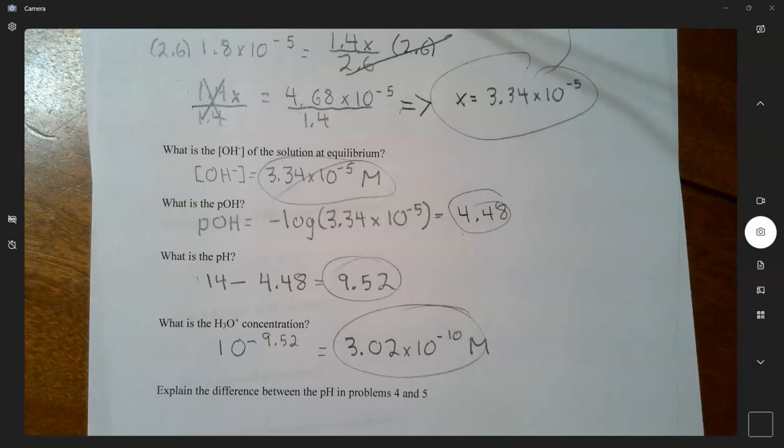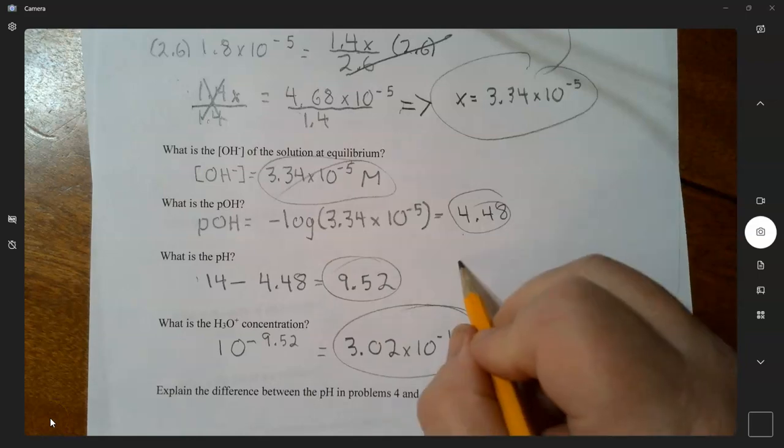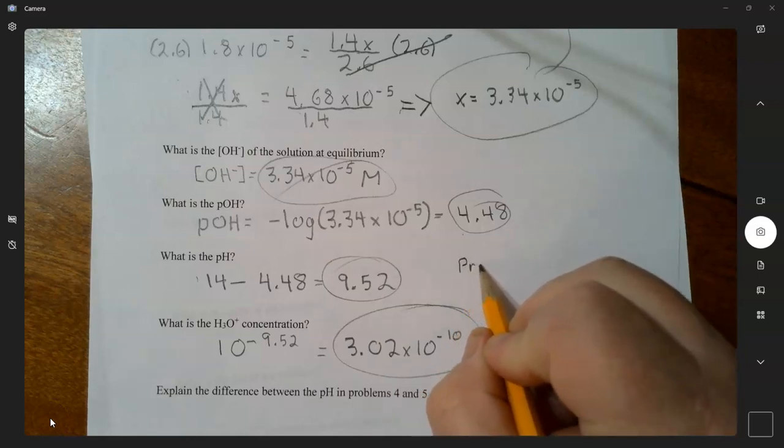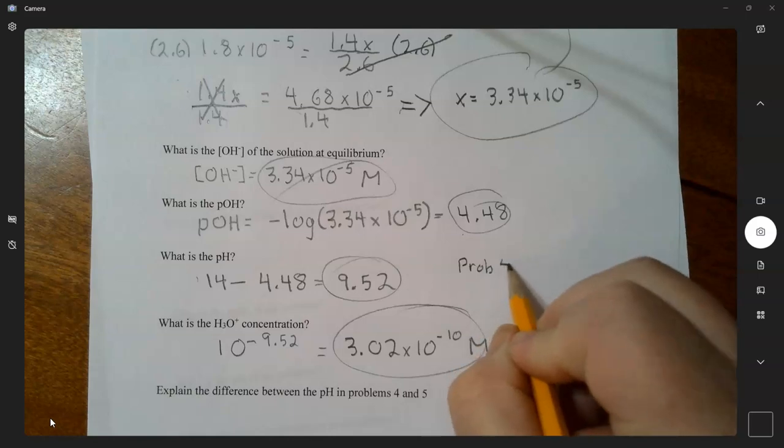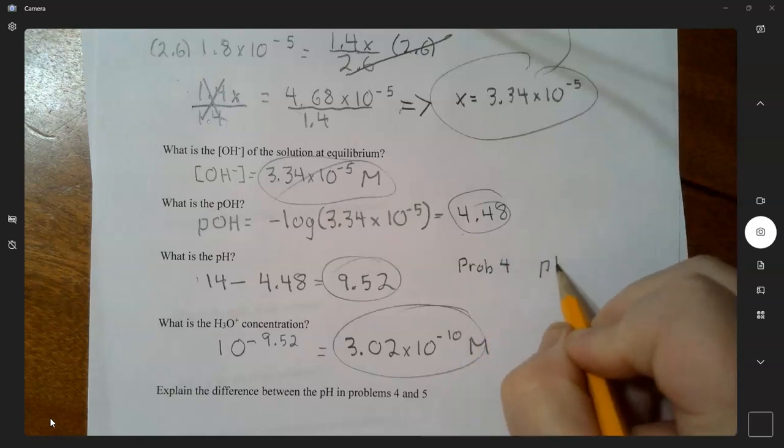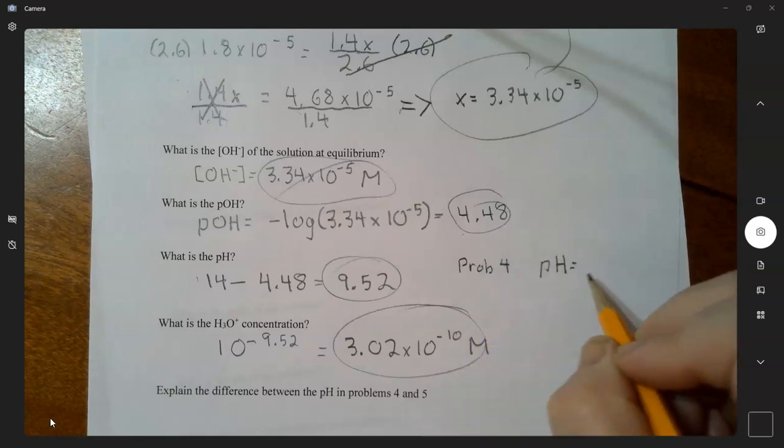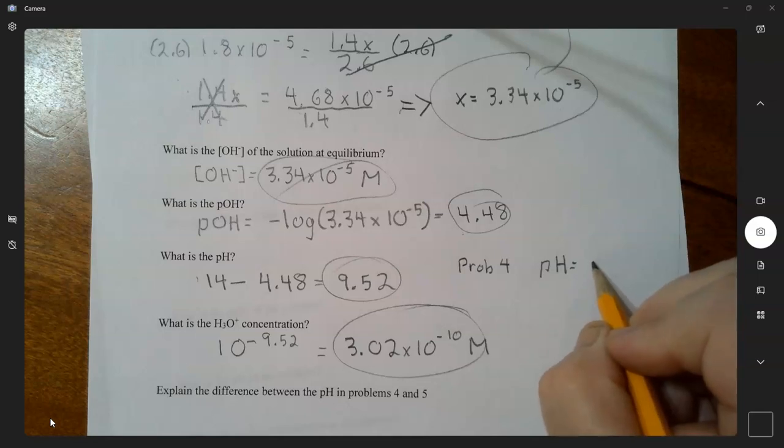So let's do that. So the pH in problem 4 was 11.84.